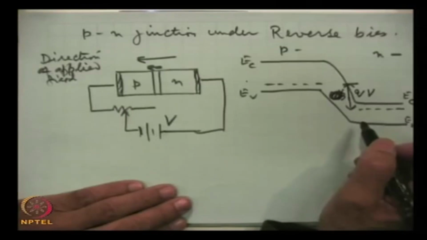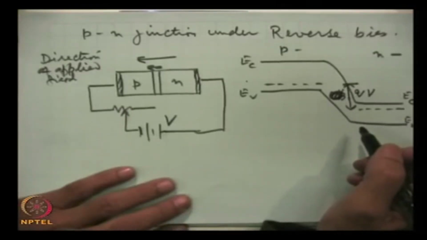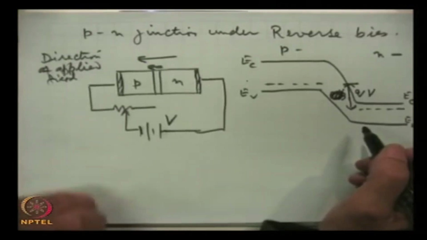Now, we can discuss which electrons and which holes will form the current in this situation.